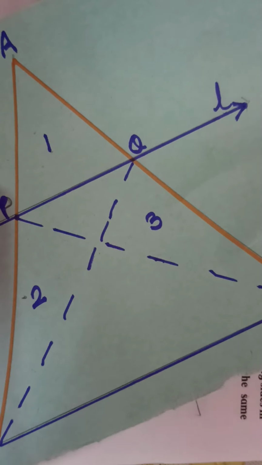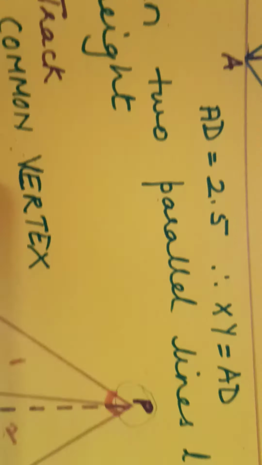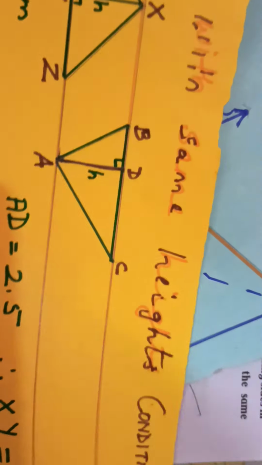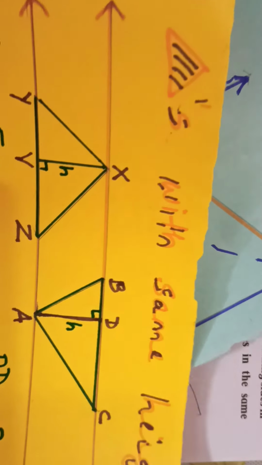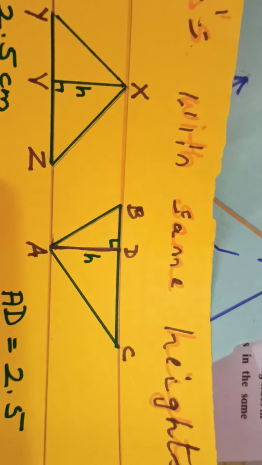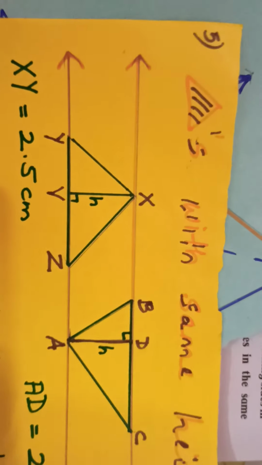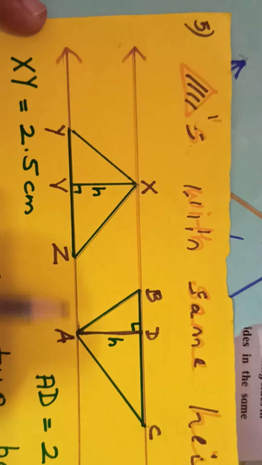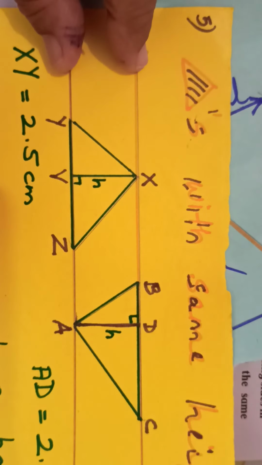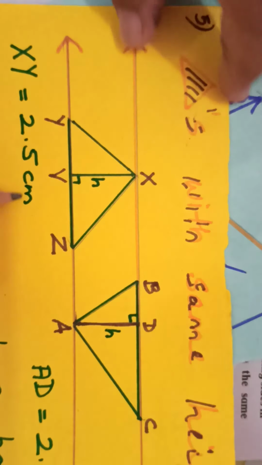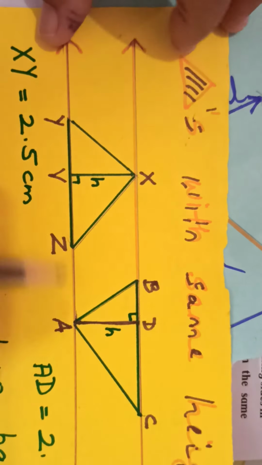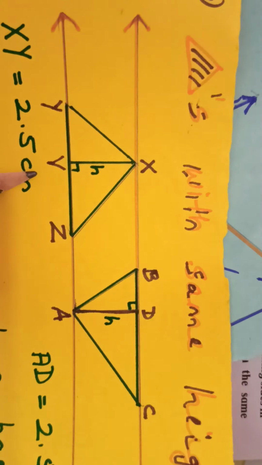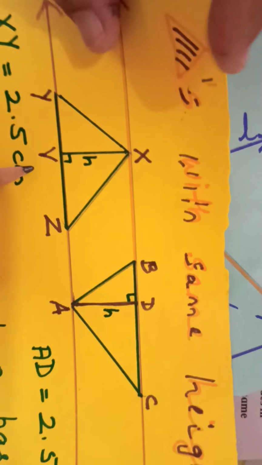Now, before this I had taught you triangles with same heights. When triangles lie between two parallel lines, then the two triangles have the same height or common height. When we were studying, the first thing was the ratio of areas of triangles.